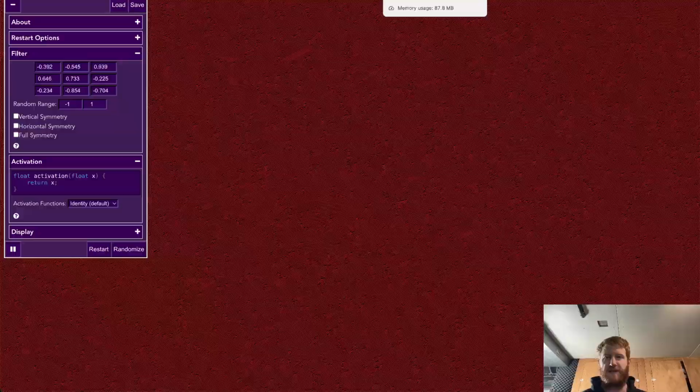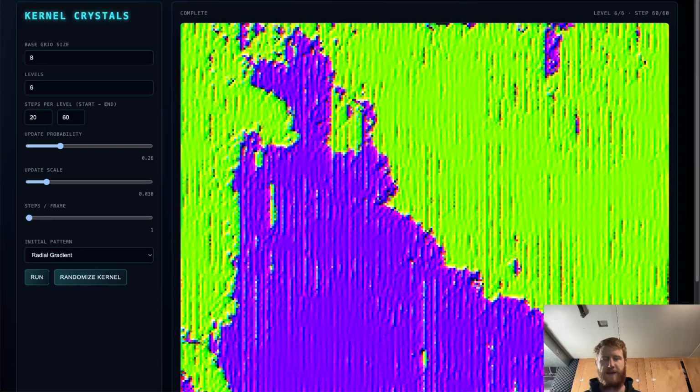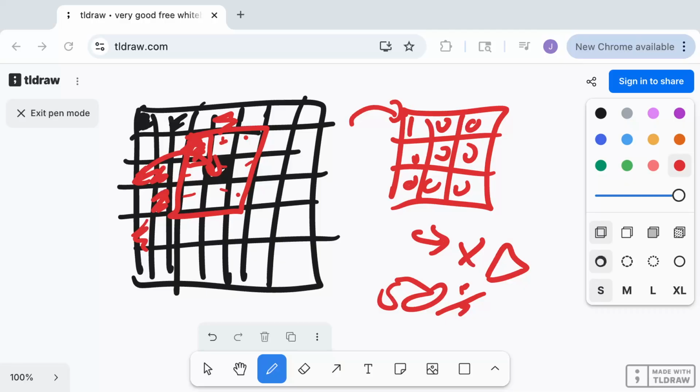The thing that makes the kernel crystals fun is that it doesn't just apply this at a single scale. We're going to start with some fairly small grid, apply some number of steps, and then change the resolution. Every pixel here is now going to get divided into 4 much smaller pixels, and then we apply our same rule, but now instead of applying over this large area, after a resize we might only be applying over some much smaller area.